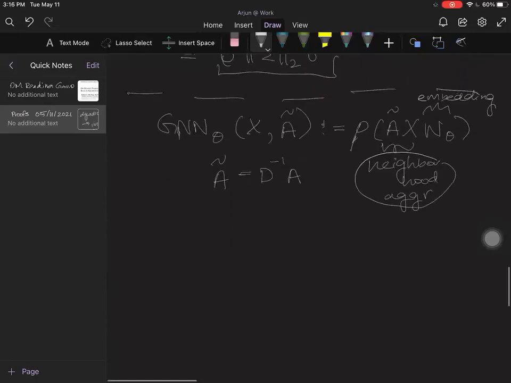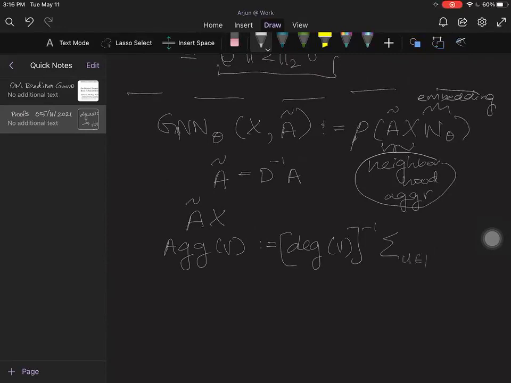And kind of breaking down what exactly this does. All we're saying is, at the node level, the aggregation for a vertex V is going to look like the degree of V inverse times the sum of all of the neighbors.